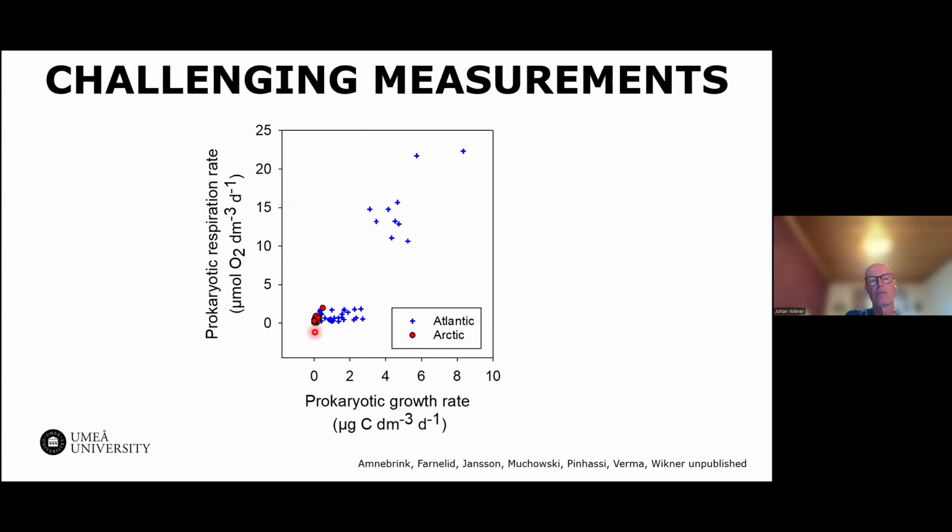And for the respiration, it's more like 2, maybe not so much. The values here are below the pycnocline in the Atlantic, while these values up here are above the pycnocline, the photic zone, and of course they are higher in August, which was about the same time as we did the sampling in the Arctic. So these are really low samples, close to the detection limit of the current methods.